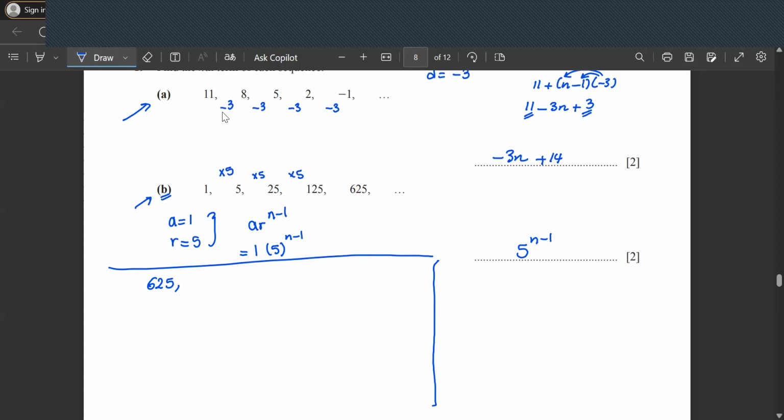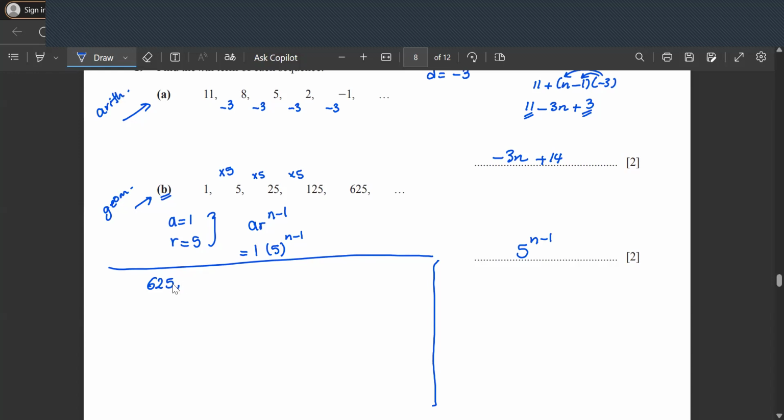Arithmetic sequence means you are adding or subtracting a number to go with the pattern. But in B you are multiplying by something. This is called a geometric sequence, and this is called an arithmetic sequence. Okay, thanks.